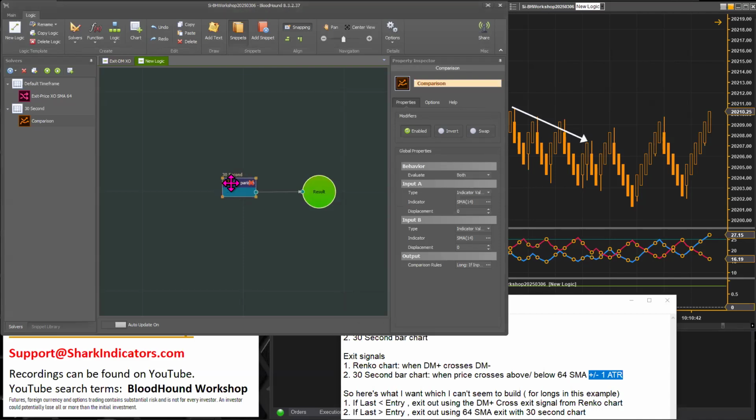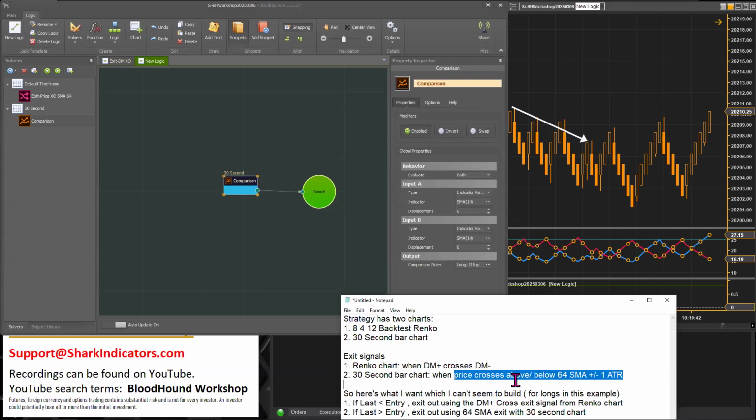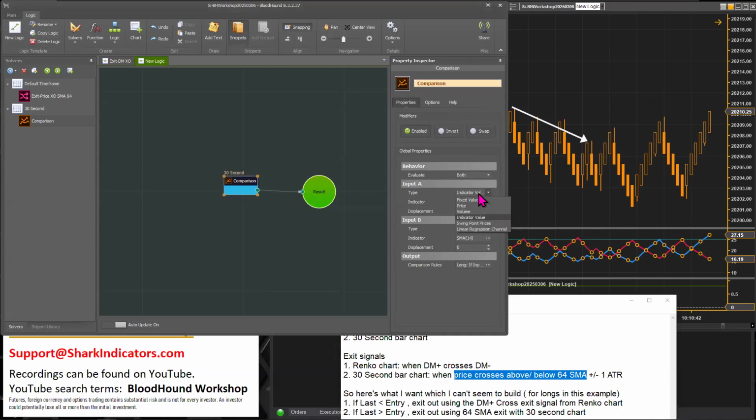Let's see here. All right, so we're looking for price to cross over that SMA. So in input A, we're going to change the input type to price, right? And so I guess we'll just use the closing price of the bar there.